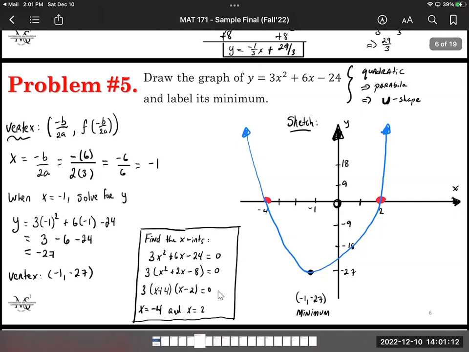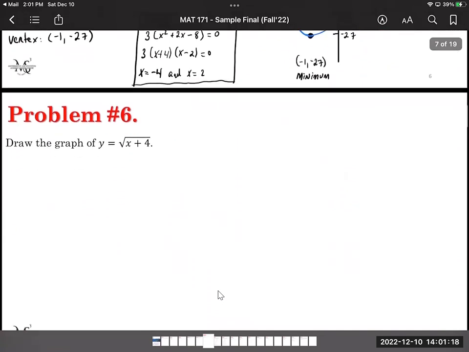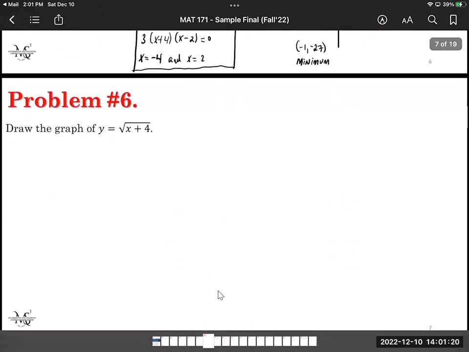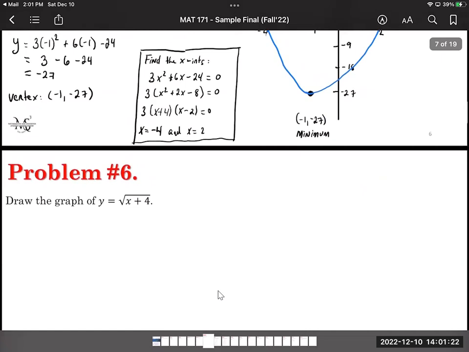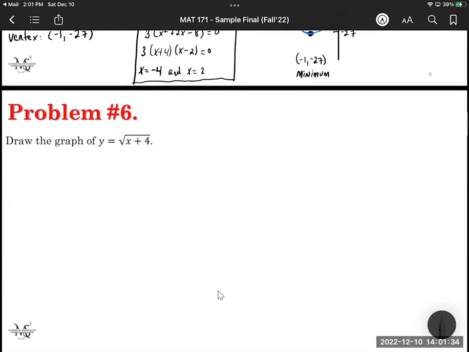Okay, that's problem 5. Let's continue. Problem number 6 states, draw the graph of y equals the square root of x plus 4. So again, I have to draw this graph using transformation. All I have to do is transform this graph based off of what the square root of x looks like.